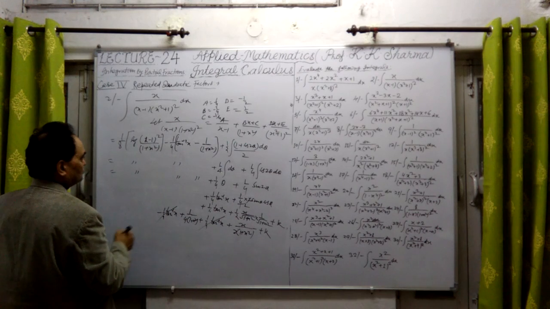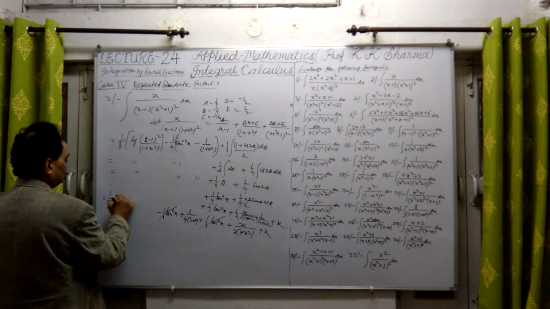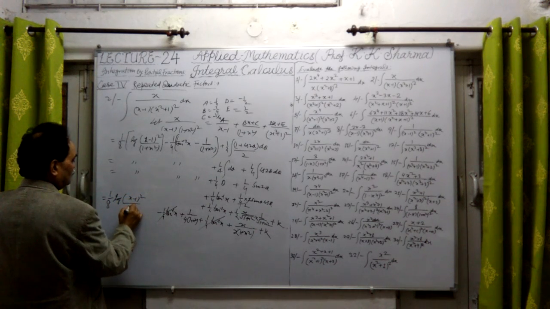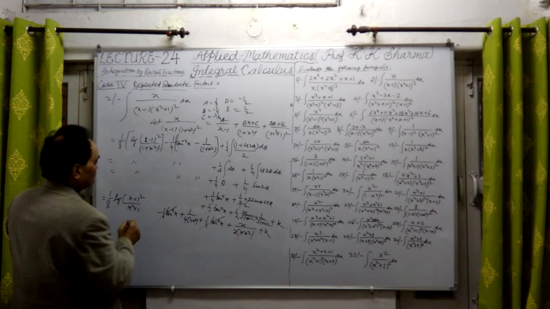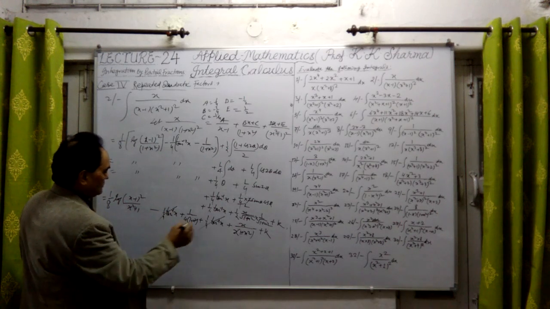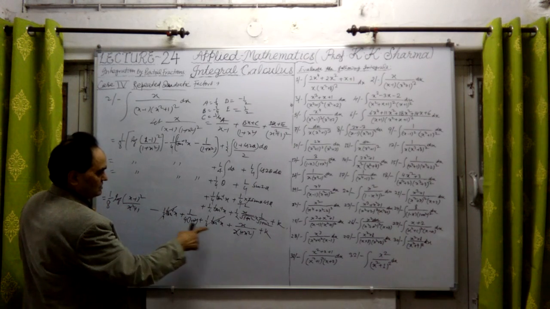All negative or positive, the same. This is 1/8 log of x minus 1 whole square upon x square plus 1. Here was the minus sign, this is cancelled out, and this value is only left over.